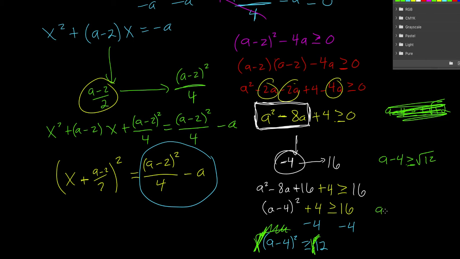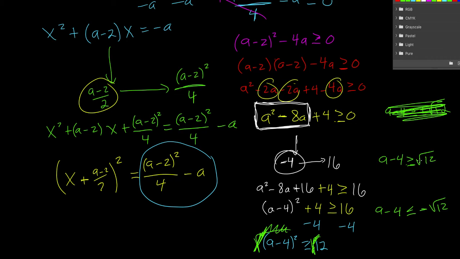But then what if a minus 4 was less than or equal to negative square root of 12? And that's similar to the squaring and the plus or minus, but we have to look at it like this because the plus or minus is like multiplying by a negative. And so when you multiply by a negative, you have to flip the inequality.